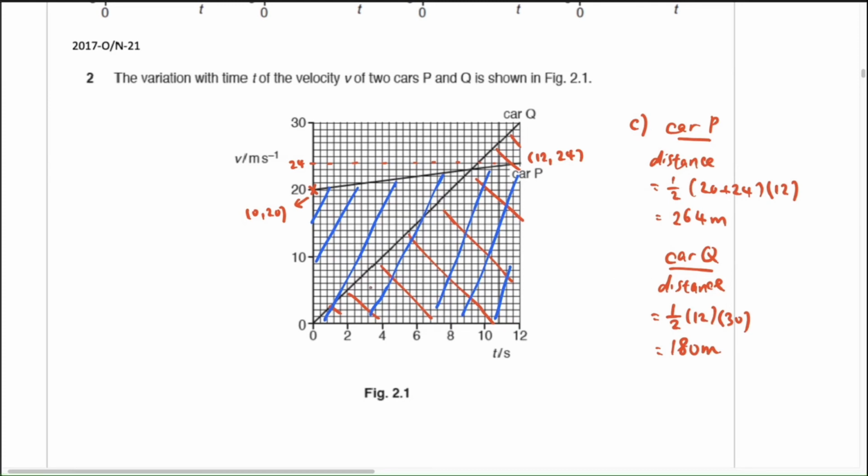Okay. So as we discussed before, they both start together. So car P moves 264, car Q moves 180 meters after 12 seconds. What they ask in the question is to determine the distance between the two cars. So imagine they both start at origin O. Car P moves 264.